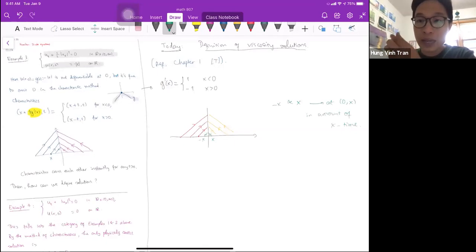If you take x tiny, the time gets smaller and smaller, so basically the characteristics cross each other instantly.